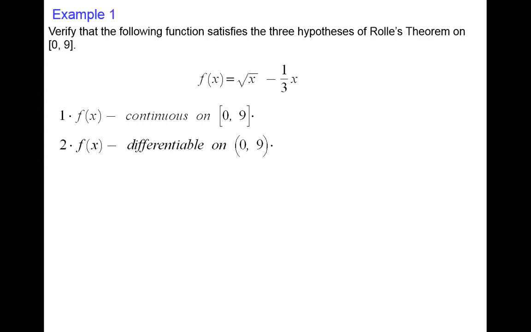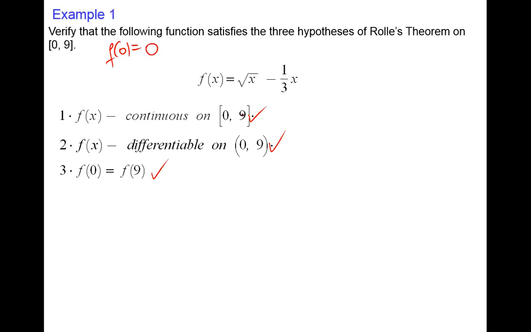And then we have to actually check the endpoints. What's the value at 0? If I substitute 0, can you tell me what's the value at 0? I'm just trying to check if you are with me.